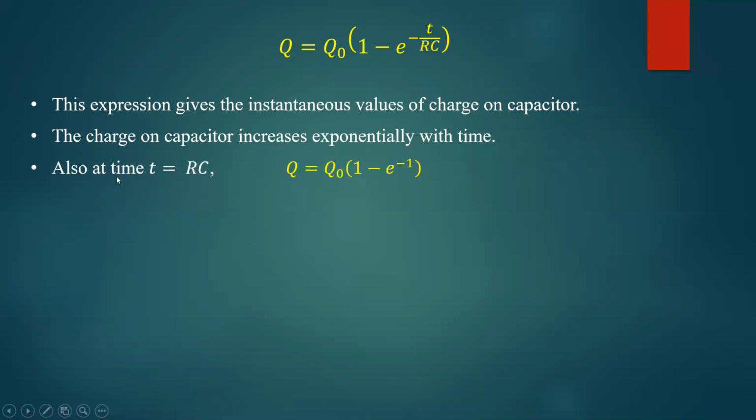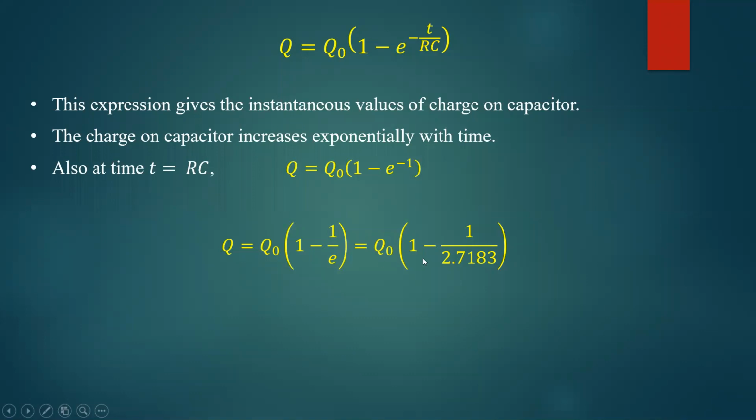Then at time T equal to RC, if time T is numerically equal to R into C, what will happen to the charge Q? This is a very simple case. Suppose T equal to RC, then you can get Q is equal to Q0 into 1 minus e to the power minus 1. Okay, what is the value of e? So e to the power minus 1 means 1 by e.